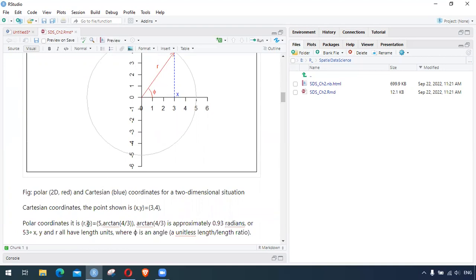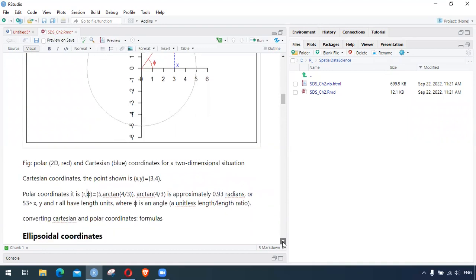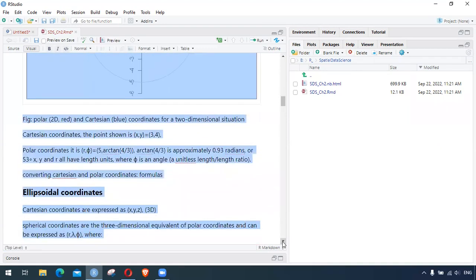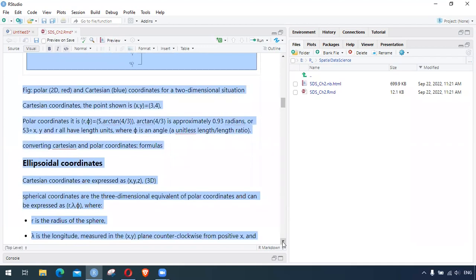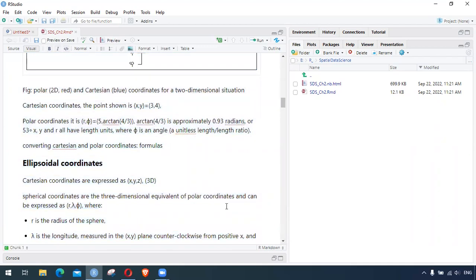Then we have this arctan of 4/3, and this arctan is 0.93 radians, or 53 degrees. So x, y, and r all have length units, whereas phi is the angle, and this is unitless. The conversion from Cartesian to polar coordinates and vice versa can be done with some formulas.